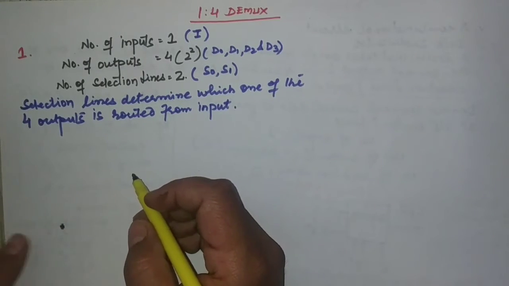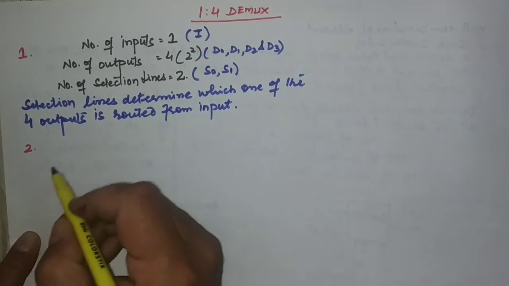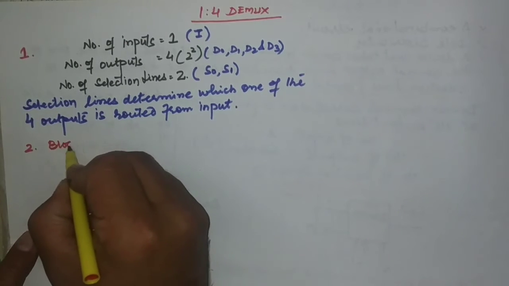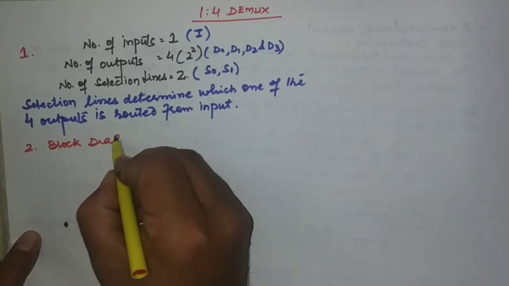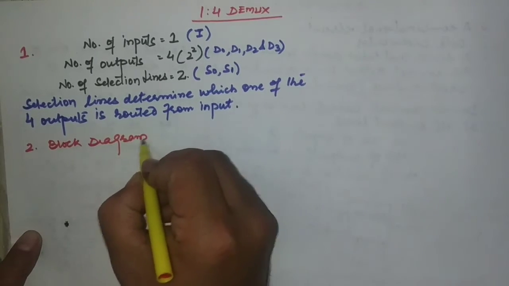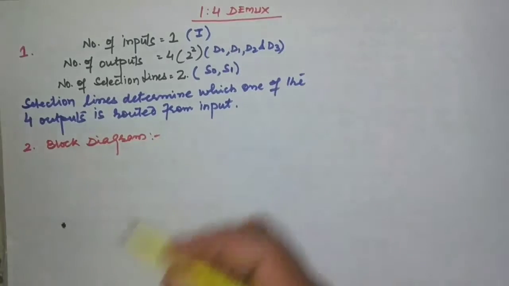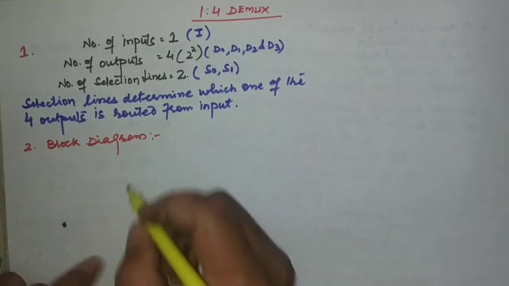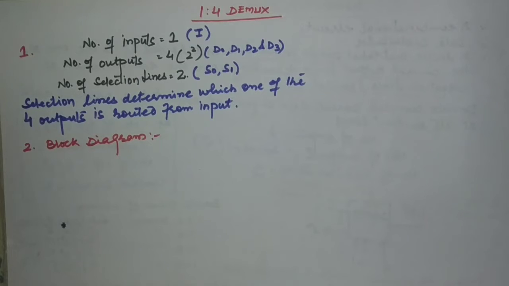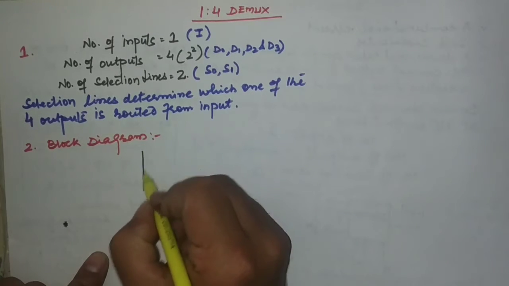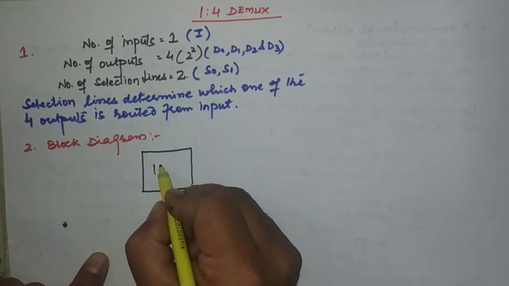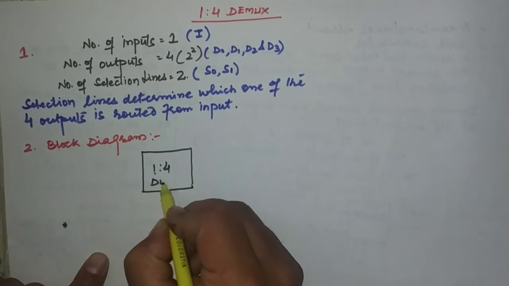The second point is about its block diagram. The block diagram is a 1 to 4 demux.